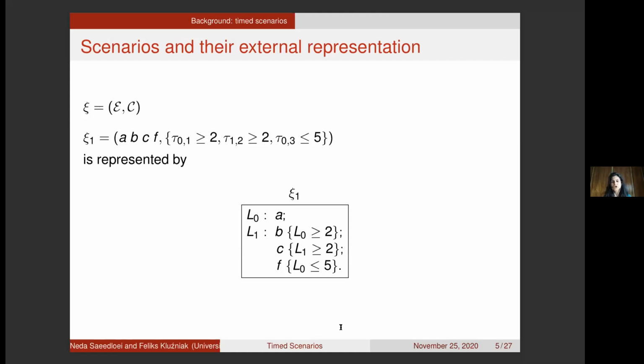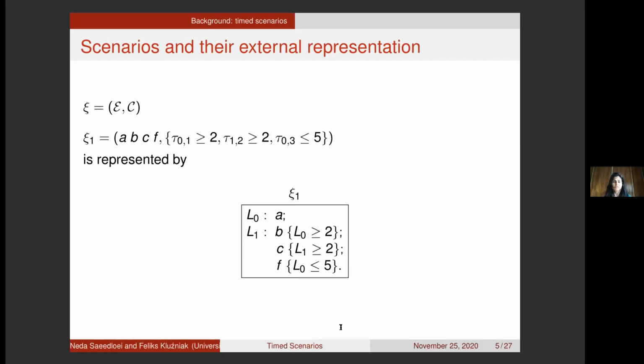For example, psi1 is a scenario composed of 4 events, A, B, C, F, such that the times of these events satisfy 3 constraints. In particular, we want the time difference between event 0, which is A, and event 1 to be at least 2 units of time.